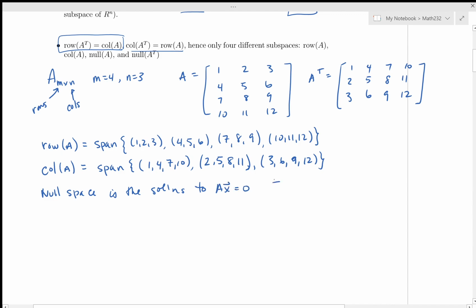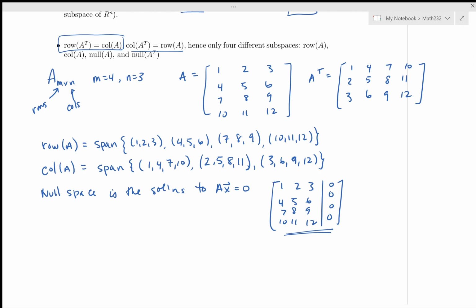For example, if we took the augmented matrix with rows 1, 2, 3; 4, 5, 6; 7, 8, 9; 10, 11, 12, augmented it with 0, 0, 0, and found all of the values of X, so we did a Gaussian elimination, went down to reduced row echelon form, and provided all of the solutions, that would be the null space.